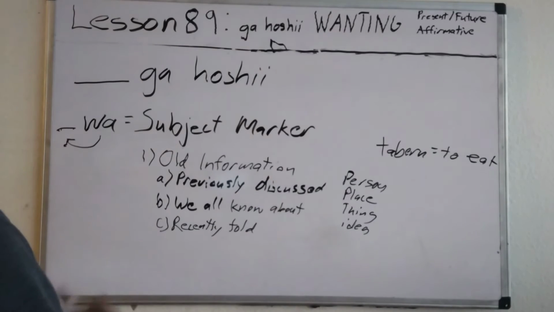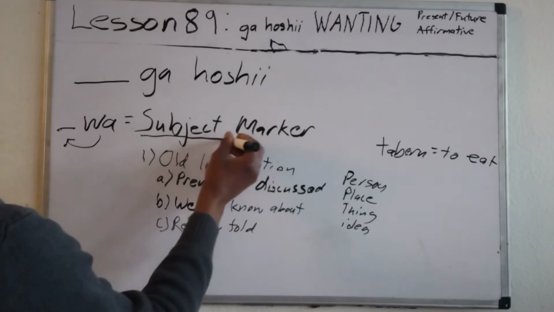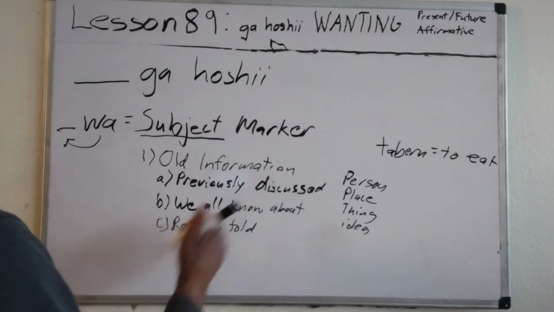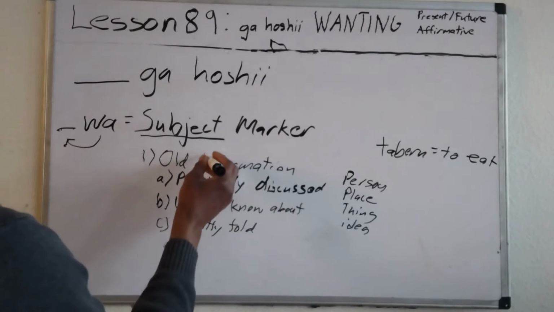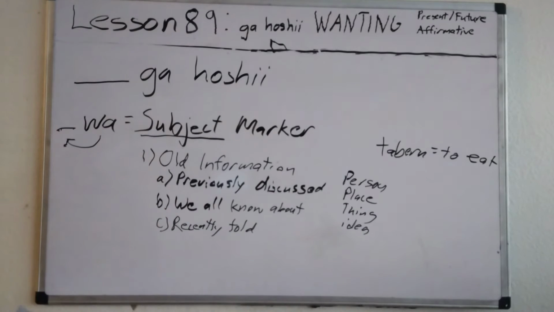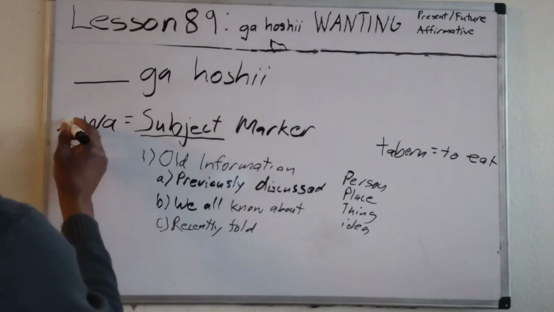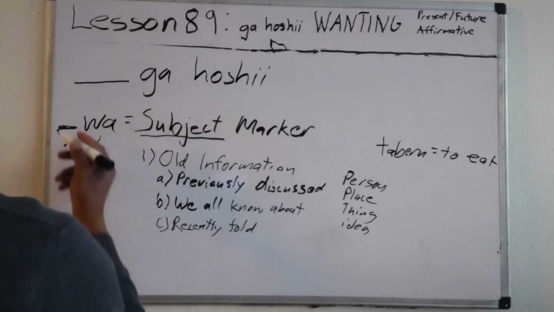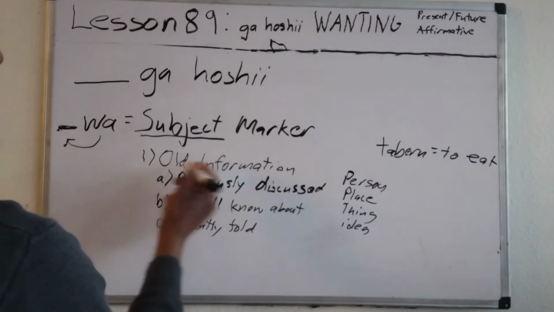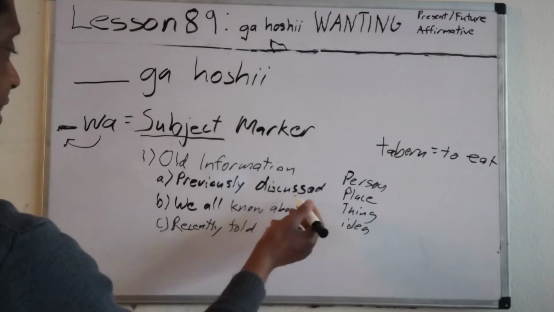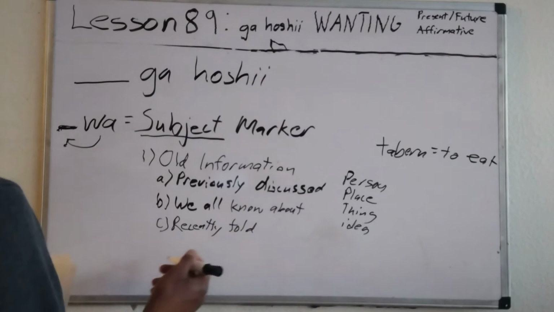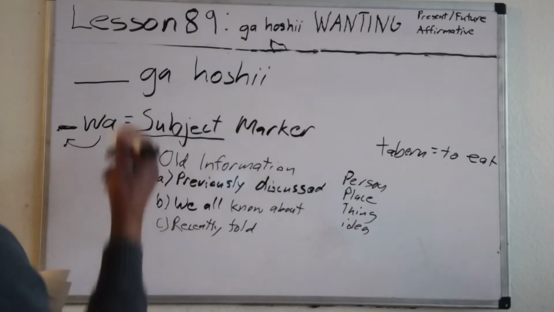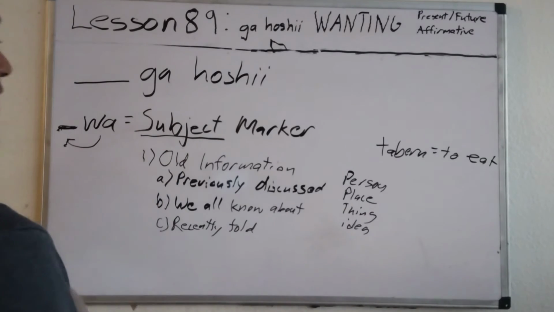So you use it as the subject. We're still going to use it as a subject of a sentence. Okay? But it's subject only for old information. What we're talking about is old information. Okay? Previously discussed. We all know about this. Recently told information. It's old information.